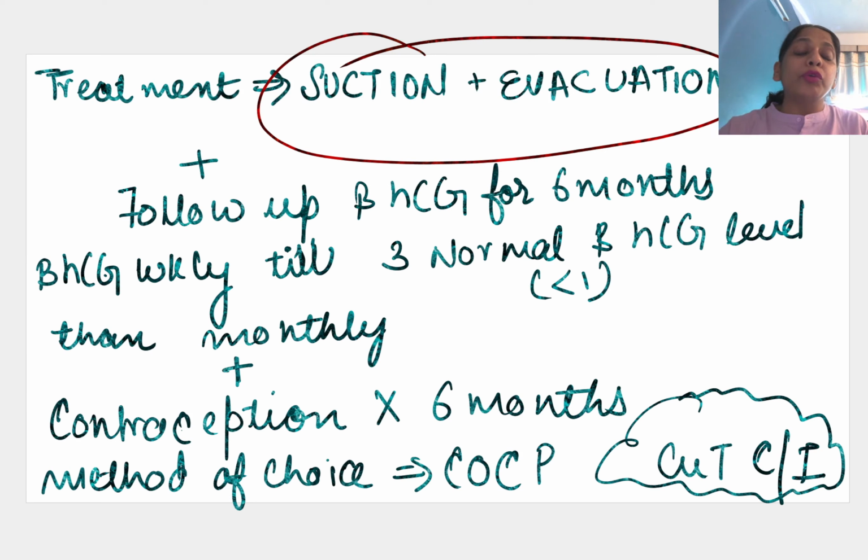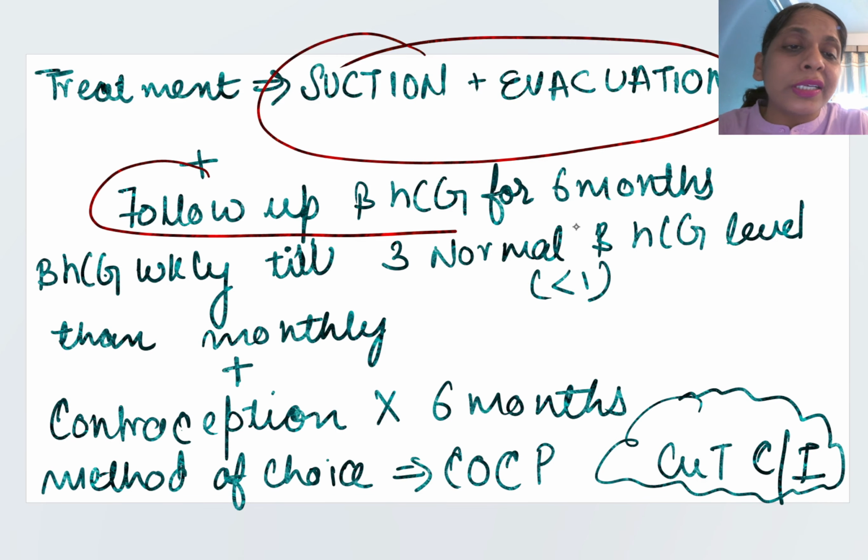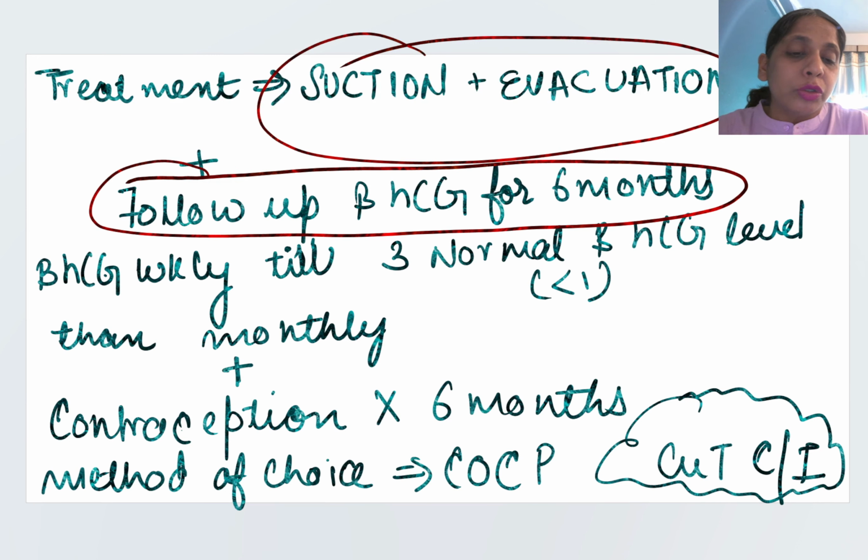You have to follow up the patient weekly till three values of normal beta hCG. What is the normal value of beta hCG? Less than 1. Once they are normal, you call the patient monthly. So follow up for 6 months is a must, to see whether their beta hCG is decreasing or not.